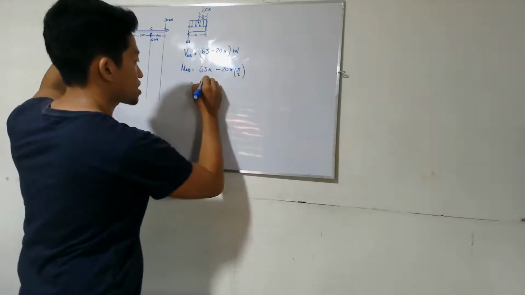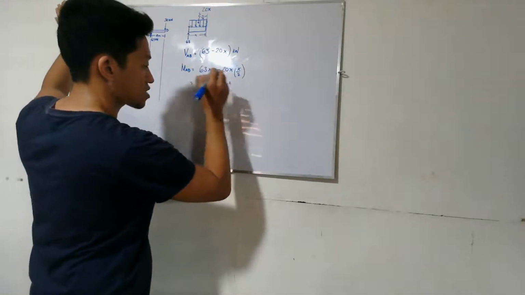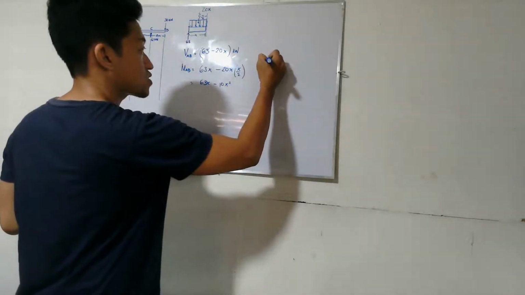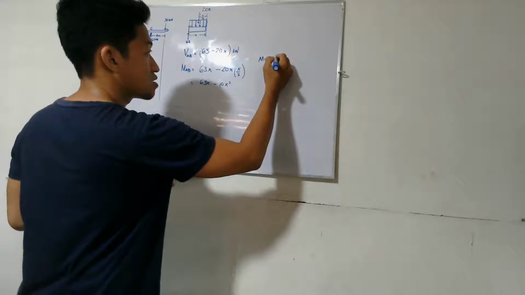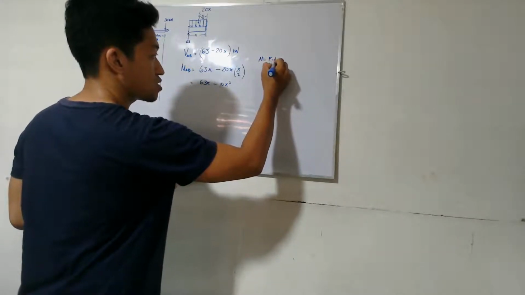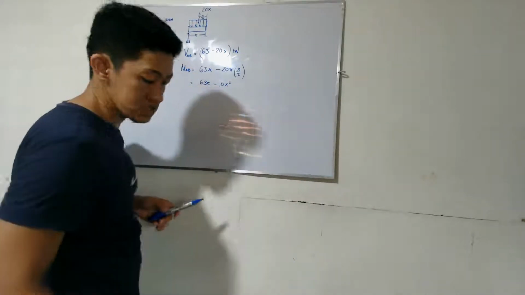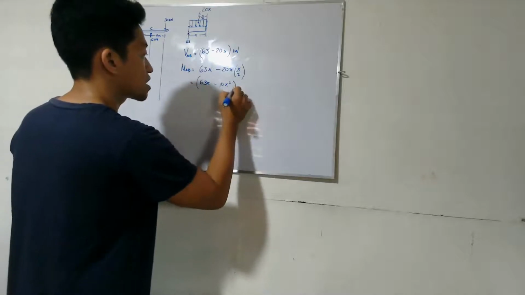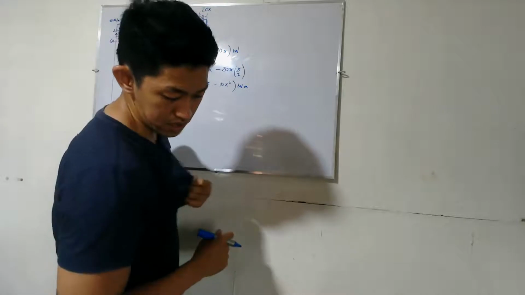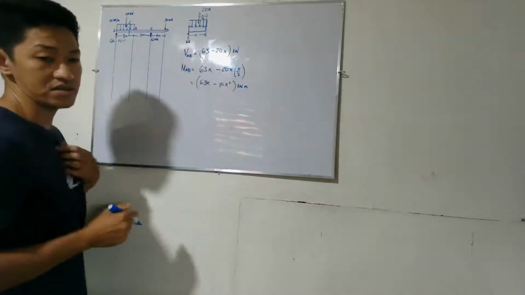So you have 63x minus 10x squared. Sa unit sa moment, ang moment nimo is force times distance, no? So, Newton meter. Yung kilonewton man eh. So, this would be kilonewton meter. Okay? I hope wala man ang libog ani, no?